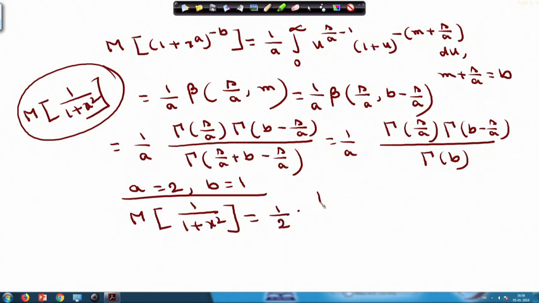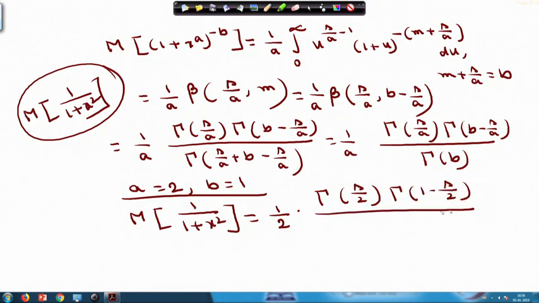So, half into gamma of s divided by 2, into gamma of 1 minus s by 2, divided by gamma b, that is gamma 1. Therefore, the Mellin transform of 1 divided by 1 plus x square equals half into gamma of s by 2, gamma of 1 minus s by 2, into gamma 1.